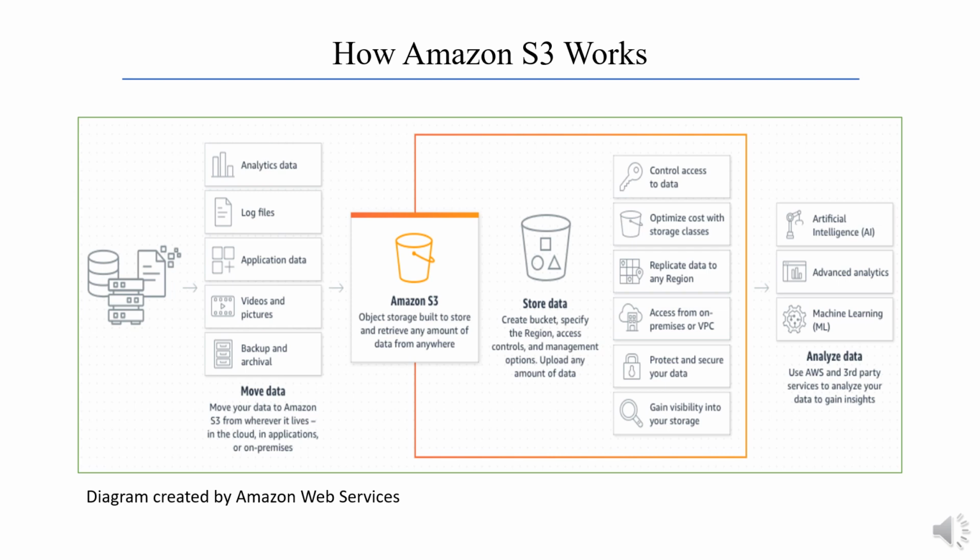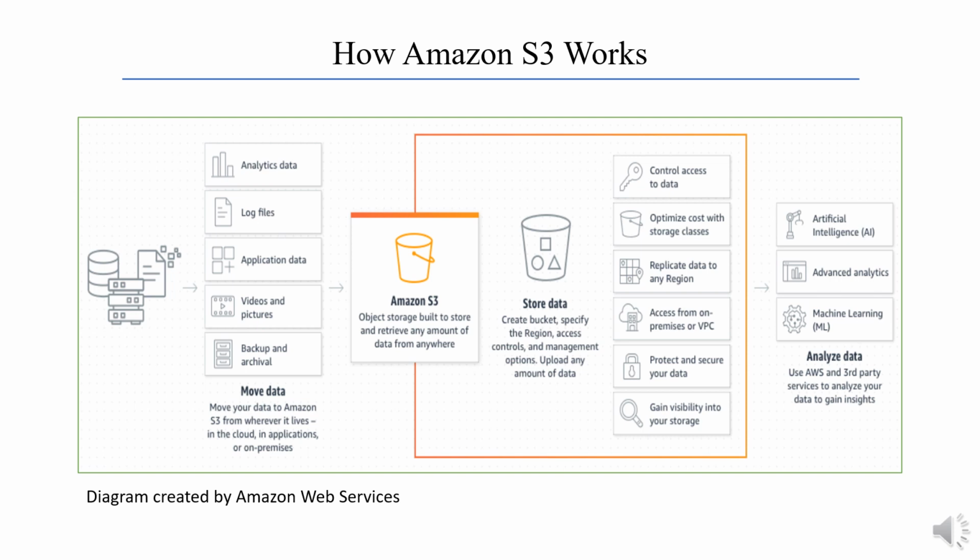The diagram is created by Amazon Web Services. The diagram shows how to move data to Amazon S3, manage stored data in Amazon S3, and analyze data with other services. 3 sections display from left to right. The first section has an illustration of a database, a server, and a document. The first section is titled Move Data.